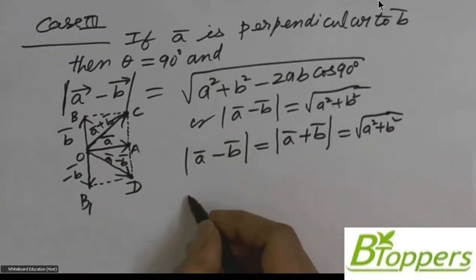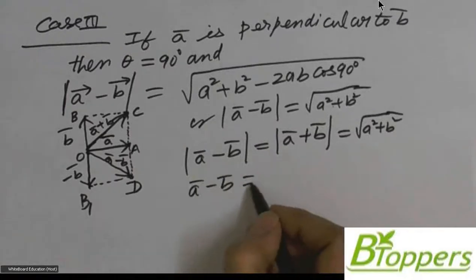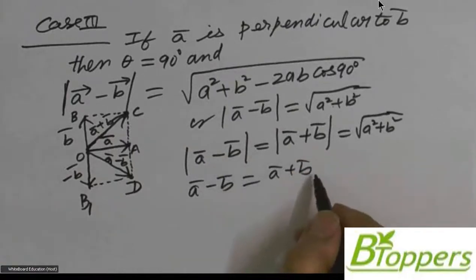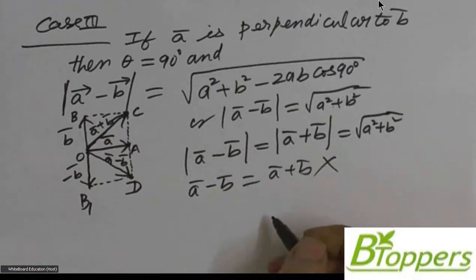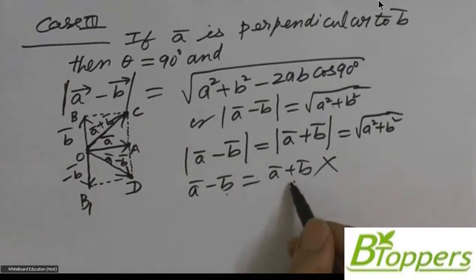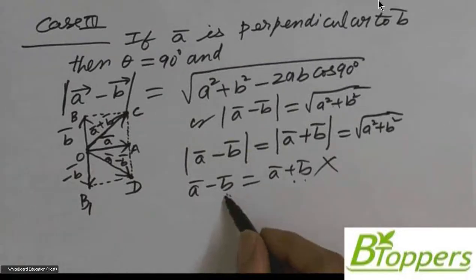But we cannot write a bar minus b bar equal to a bar plus b bar in this way. We can write a bar minus b bar equal a bar plus b bar only when b bar is a null vector or zero vector.